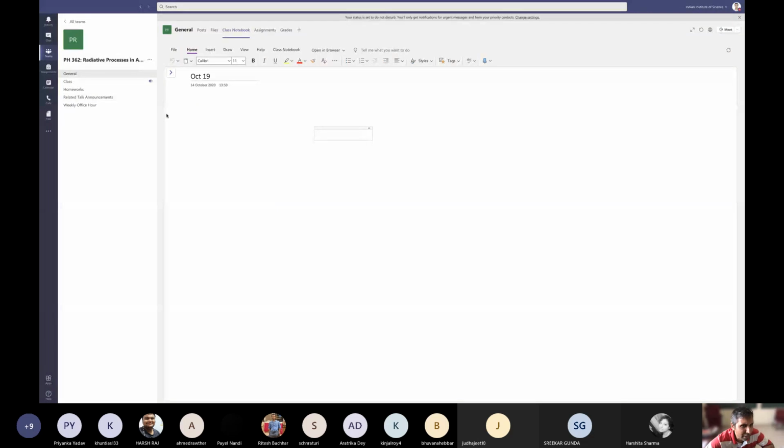The other thing that I figured out last time was that I was not able to save it on the same class notebook. So I will actually create these sort of chapters by date. That will also make the size of this thing small and make the screen more responsive. Okay, so let's get started.